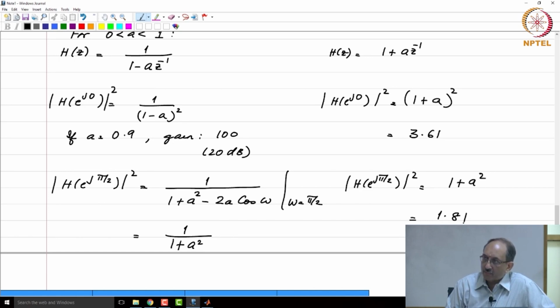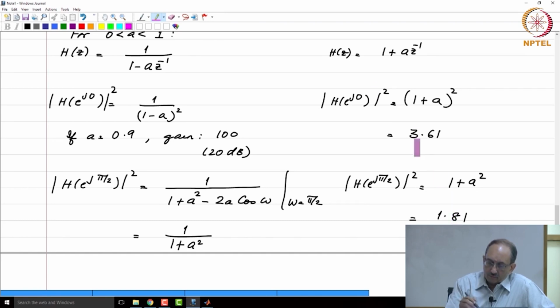Now, if you look at these numbers for the low pass filter realized using the zero, the maximum gain is 3.61. At pi by 2, the magnitude squared has dropped to half the peak value.